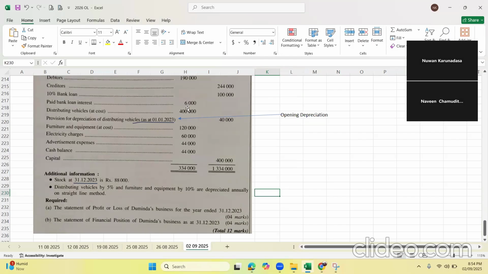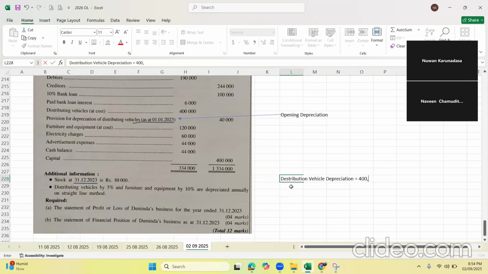How much did the distribution vehicle cost? 400,000. Depreciation equals the cost of the depreciable asset, 400,000 into 5%, which means 20,000, right?